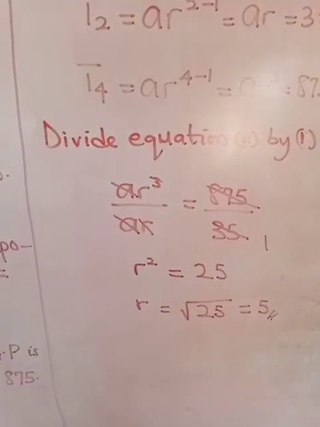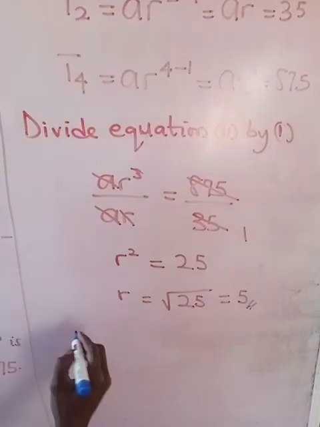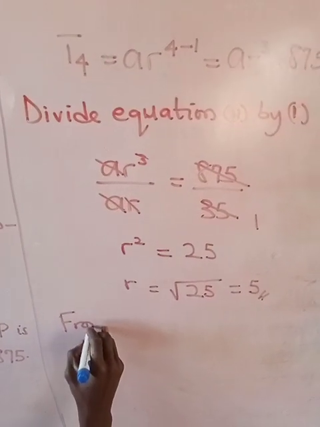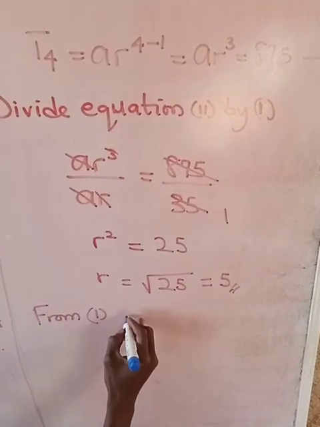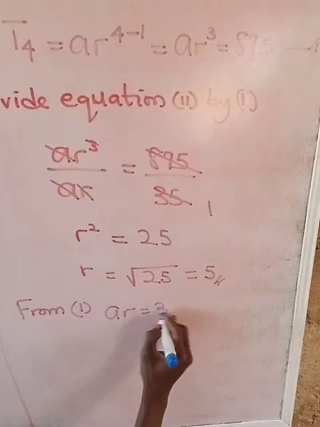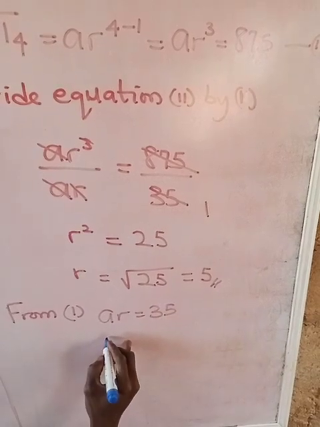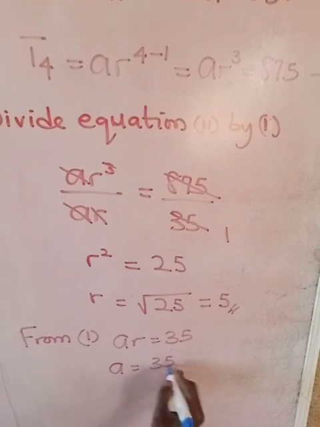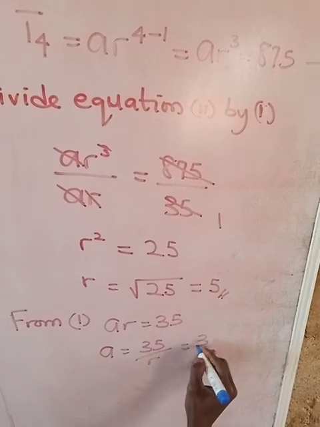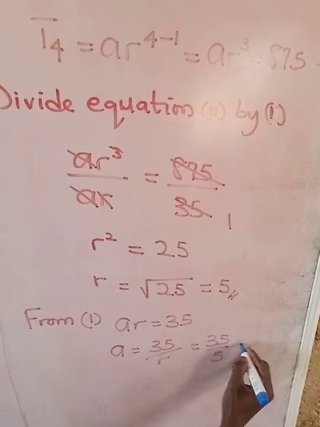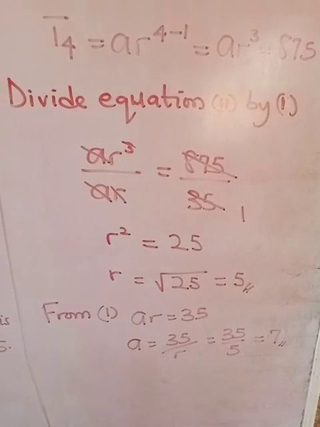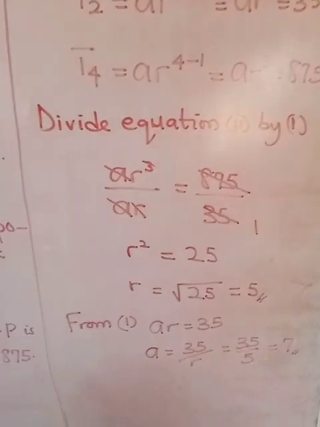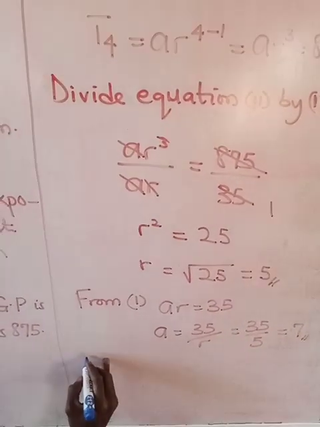If R is 5, then from equation 1, AR is 35, so A will be 35 over R. That's 35 over 5, so A is 7. I've gotten A to be 7. So we want to find the fifth term.